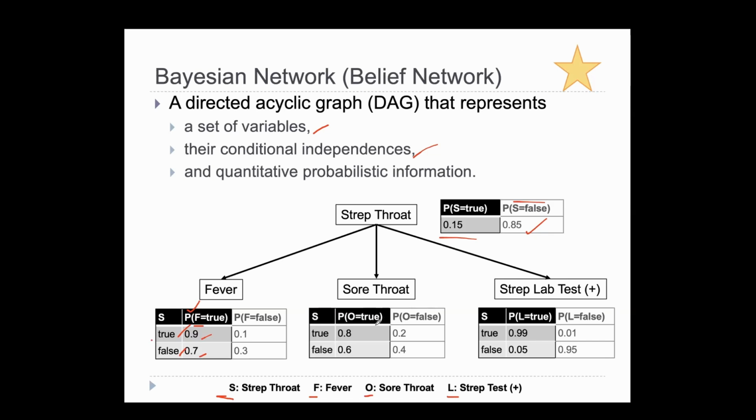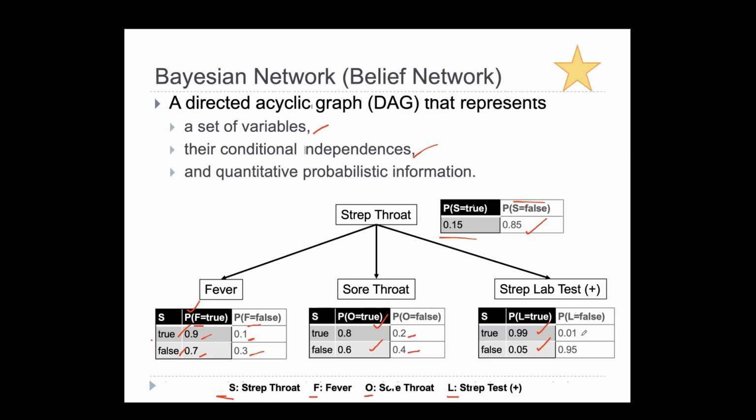Similarly, we'll have probability of sore throat given strep throat and given not strep throat, probability of positive lab test result given strep throat and not strep throat. And similarly, we can calculate their complements as well. Not fever given strep throat, not fever given not strep throat, not sore throat given strep throat, not sore throat given not strep throat.